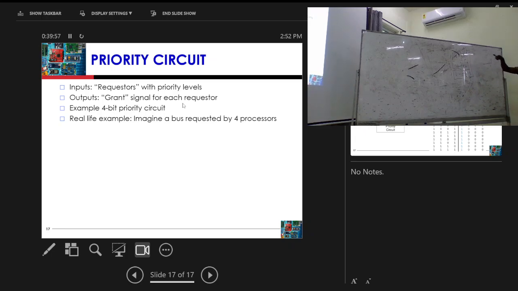Which one will be granted? Hurry up. These are very, very simple concepts. What is the first one? Why? Is it because it's on top of the memory? What if I change it?